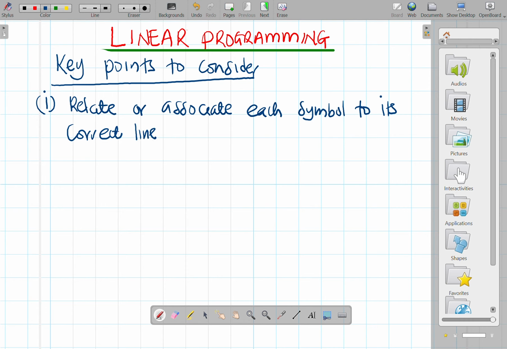There are two types of lines. There is either a dotted or a solid line. This is one key important thing that you need to know.